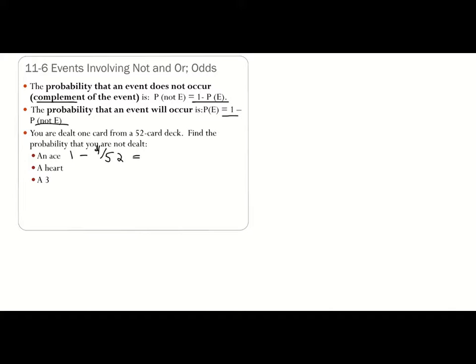And to do this, I'll turn my 1 into a fraction. So I'll make it 52 over 52 minus my 4 over 52. And I end up with 48 over 52, or that simplifies to 12/13. So that would be my probability of not drawing an ace.